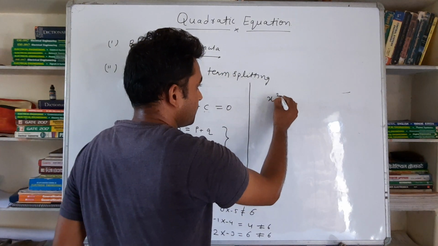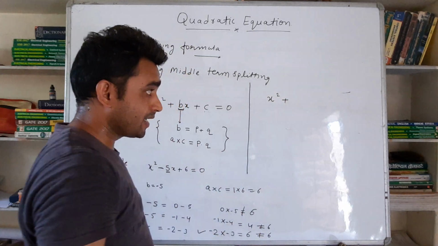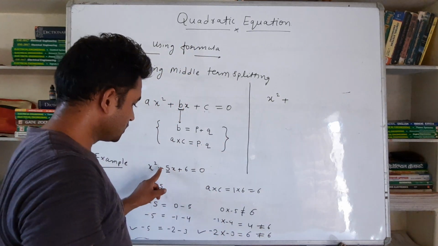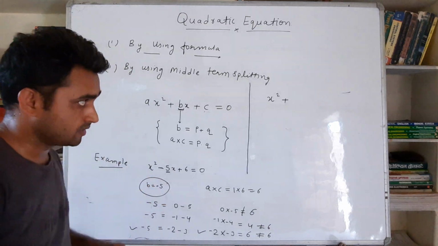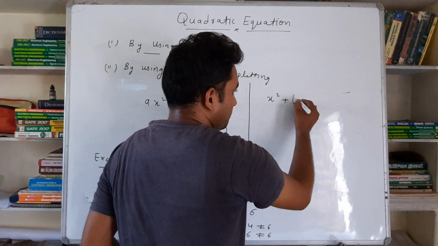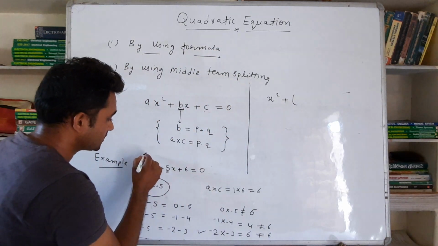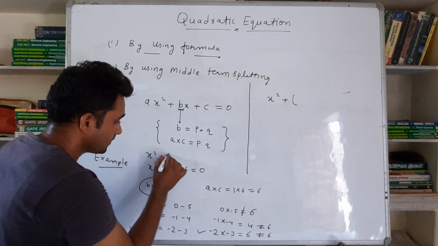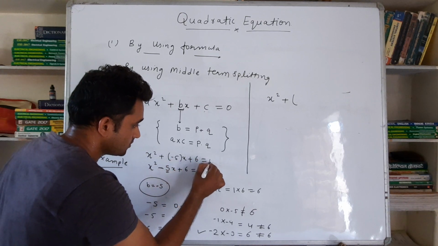So x square plus, now take here plus, not minus, because we consider the minus while taking the coefficient. So in place of minus 5 you can write this equation in this format also: x square plus minus 5 into x plus 6 equals to 0.